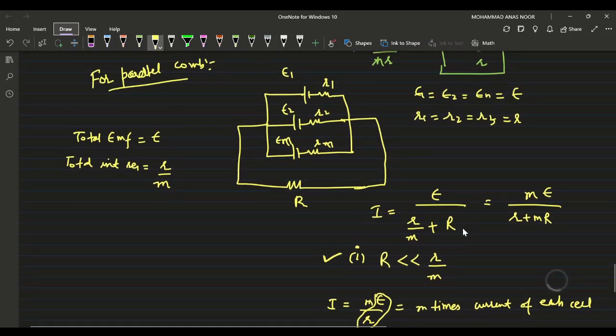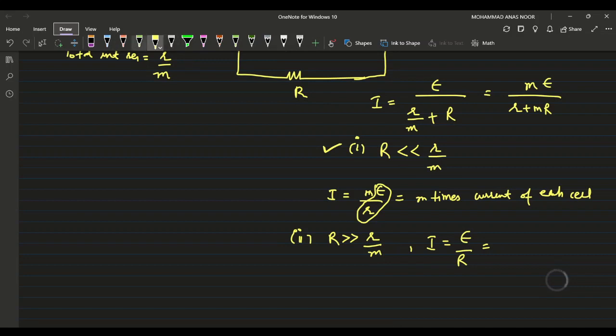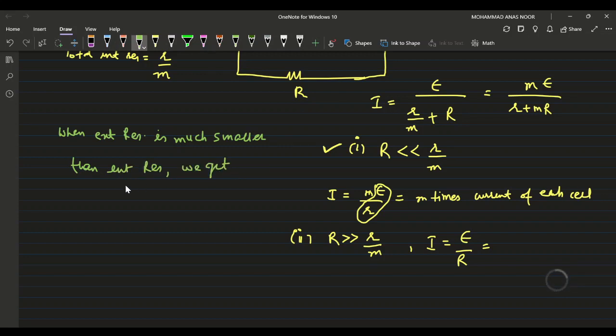Correct? Or in other words, you can say when external resistance is much smaller than internal resistance, we get maximum current.